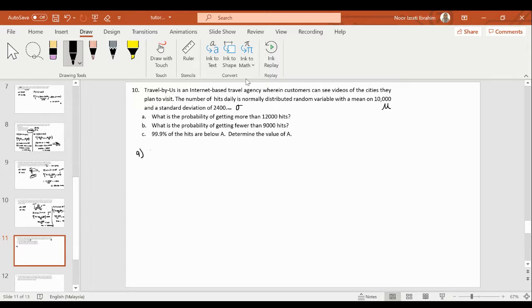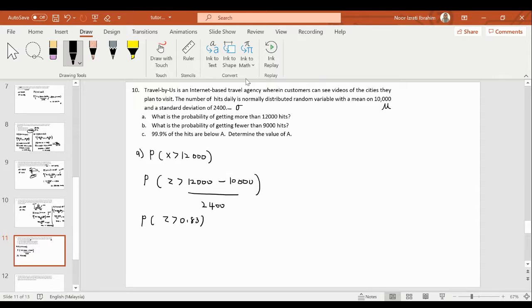For part A, we want to find the probability of x greater than 12,000. First you have to transform x to become z. It will be z greater than 12,000 minus mean 10,000 divided by standard deviation 2,400. That gives us the probability of z greater than 0.83.